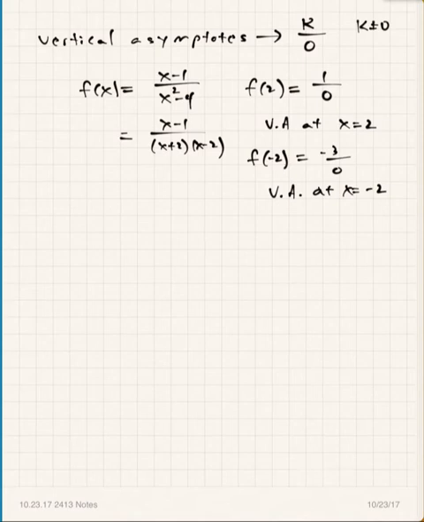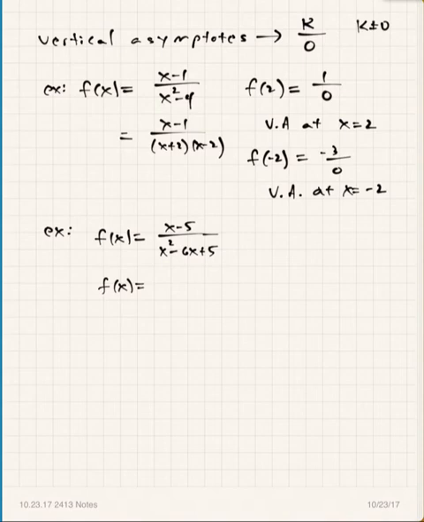Now, if you get a function like this, let's say we have f of x is x minus 5 over x squared minus 6x plus 5, right? You would probably try to factor, and the denominator factors x minus 5 times x plus 1.